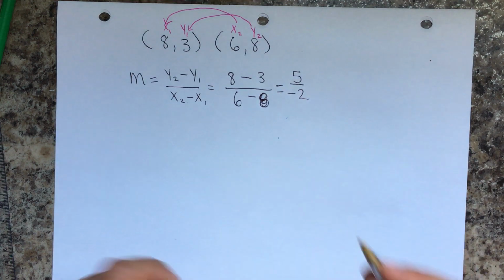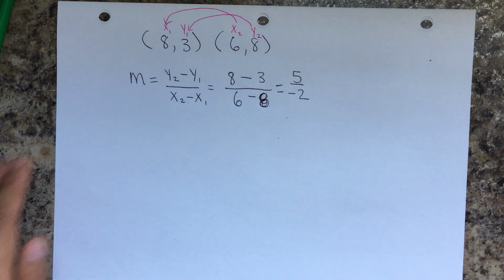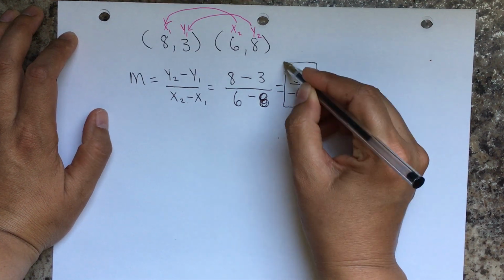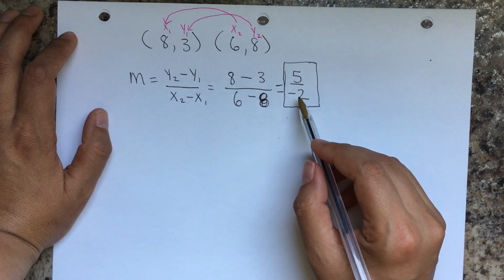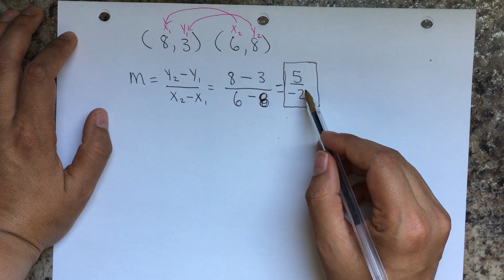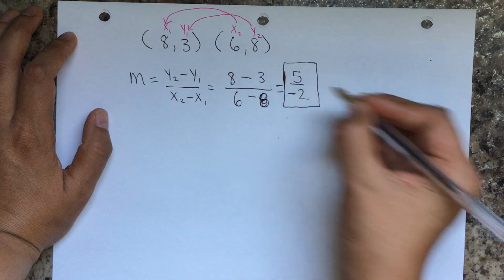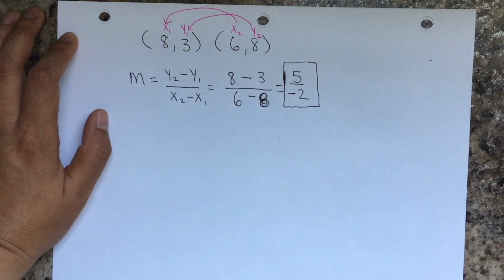And for the slope, we cannot have a mixed fraction. So we're just going to leave it like that. Okay, that's as far as we can go, because we cannot simplify this fraction. And we cannot have a mixed number for a fraction, for a slope.